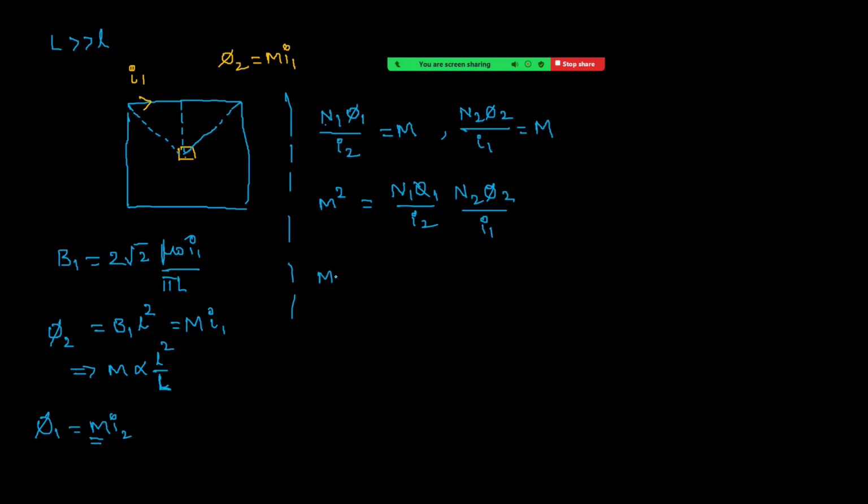That means M square is equal to L1 into L2, that means M value is root of L1 L2. In fact, this depends on the orientation of the coils. Right. Let us see the next question.